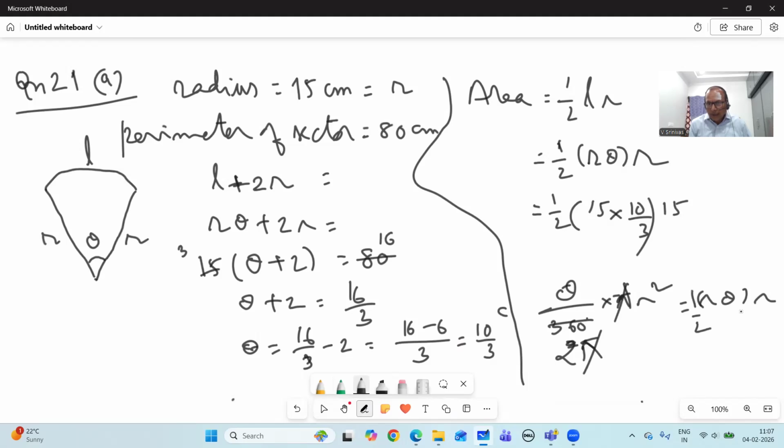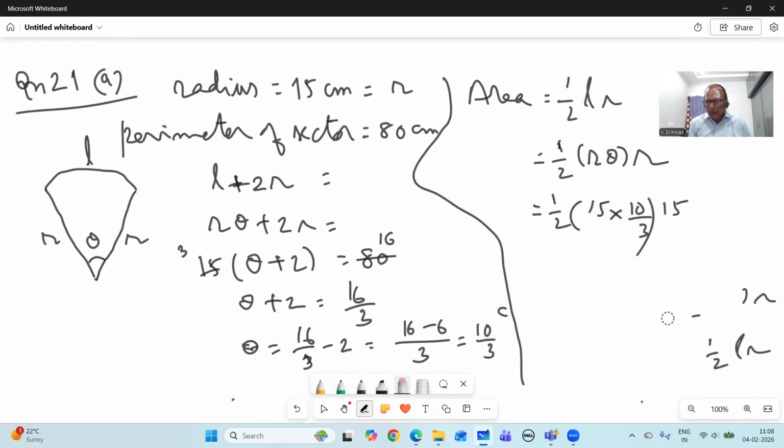That is half into LR. So some people know the area of a sector as theta by 360 degrees into pi r square, which can be converted into terms of arc length and radius as half into LR. That's what I'm using. I'm not doing anything new, we're just converting into the variables L and R.